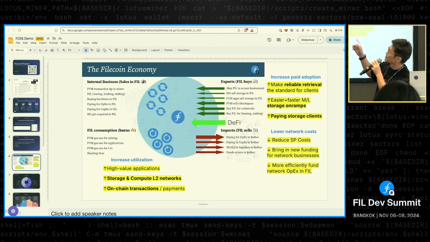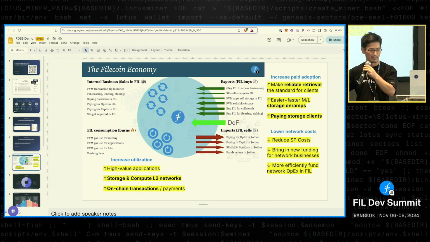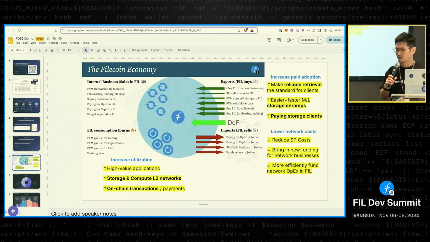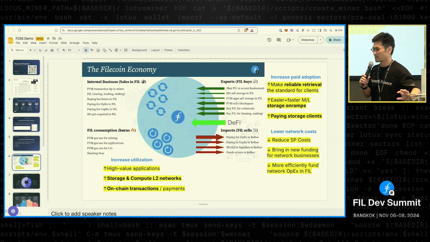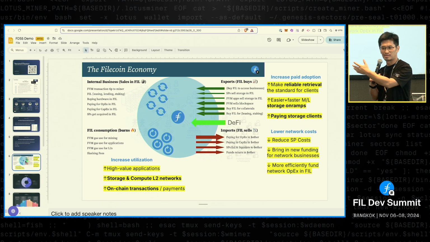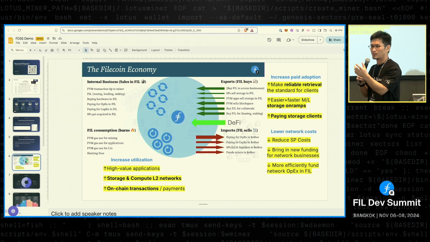This is the GDP circulation matrix, but basically, one reason why we want to have a stablecoin backed by Filecoin is that there's constant pressure to sell Filecoin for dollars to cover OPEX and so on.